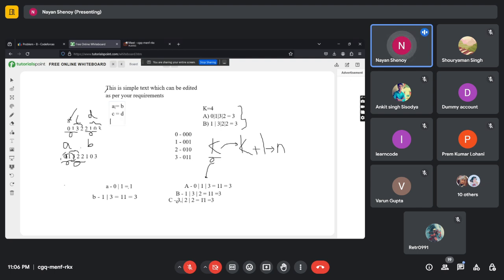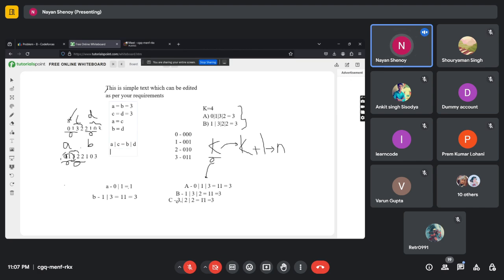So now if A equals B and C equals D, I can also say that A is equal to C, because every subarray has the same OR. And similarly, I can say OR of B is also equal to OR of D. It's fine until here. So now I can also say that A OR C will be equal to B OR D, because in our case A and B both were 3, C and D both were 3, correct?